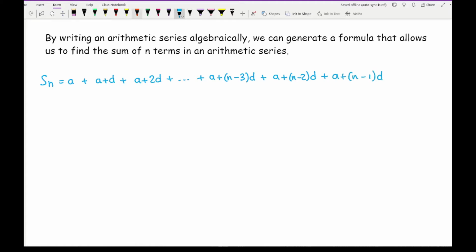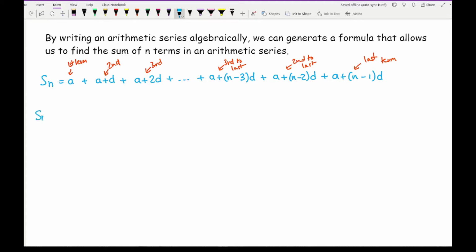Now if I just label what each of those terms are, this is my first term, this is my second term, that is my third term, this is the third to last, this is my second to last, and this is my last term, or the nth term. So now if I flip the order, as we're adding, it doesn't really matter what order we add in.